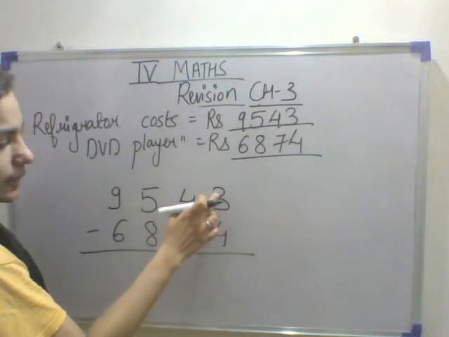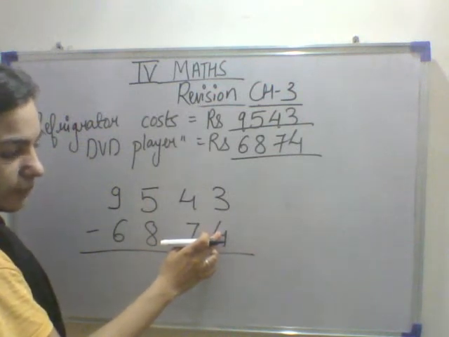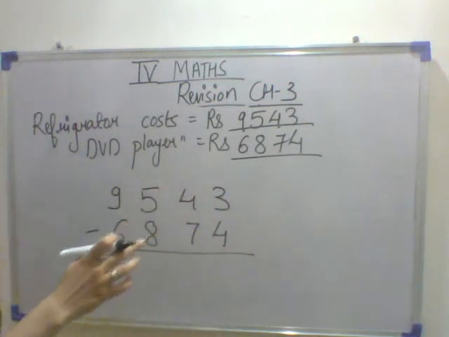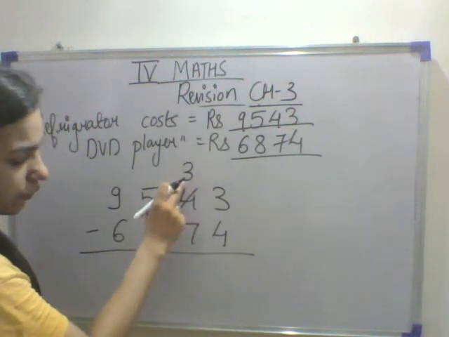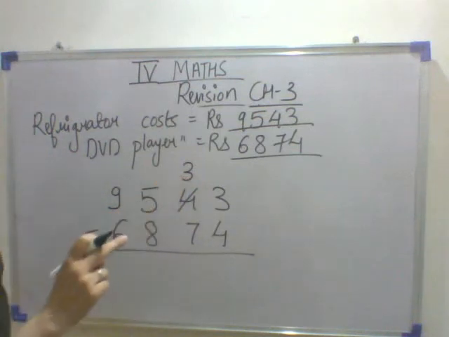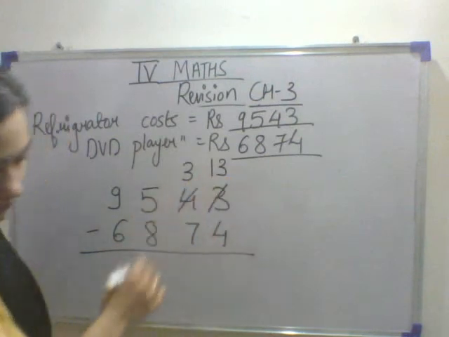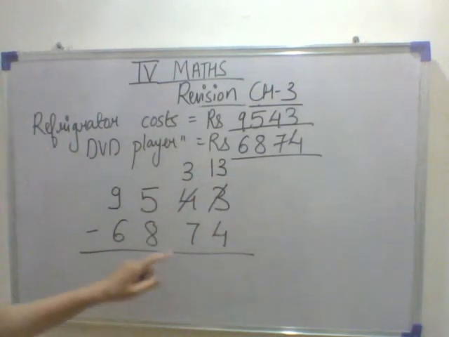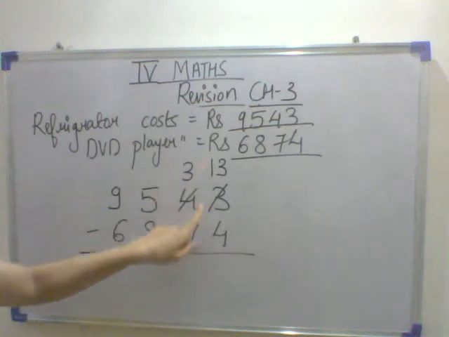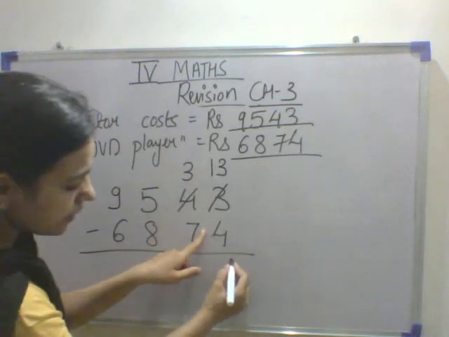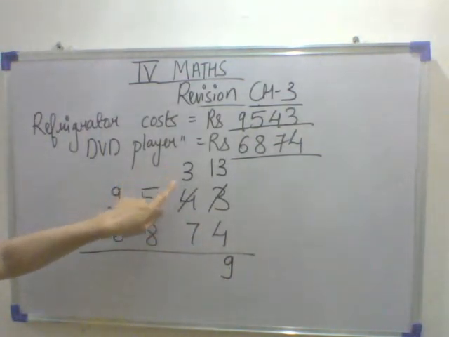Now here see this, 3 minus 4. 3 is smaller than 4, so it cannot be subtracted, so it will borrow from here. So this 4 will become 3 and this 3 will become 13. Now 13 minus 4 is 9. Now next come here 3 minus 7.